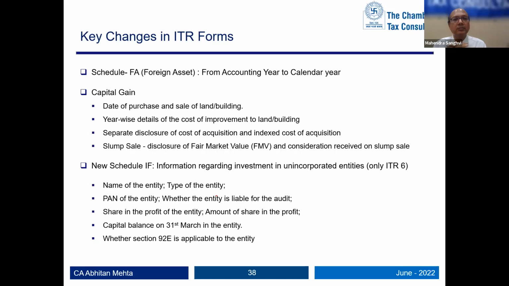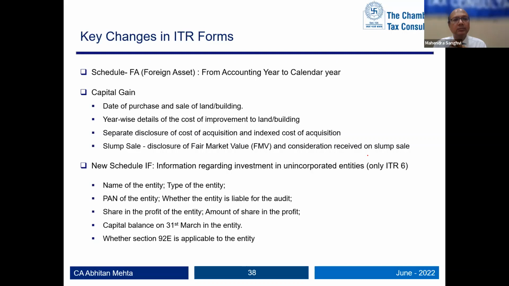Now they also want cost of acquisition to be mentioned. And for slump sale, because of the amendment in law last year, they have also provided that you disclose the fair market value and the consideration. The first three disclosures are something new which have come in.